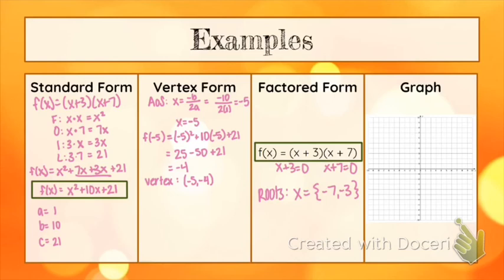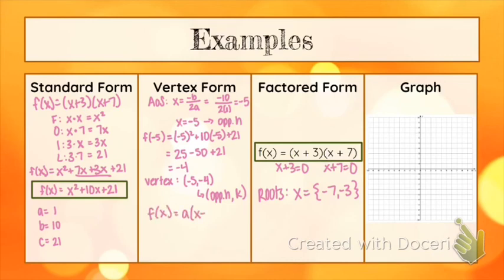And we need to remember that the axis of symmetry represents opposite H, and the vertex is opposite H, comma, K. And that allows us to plug in everything into our vertex form.